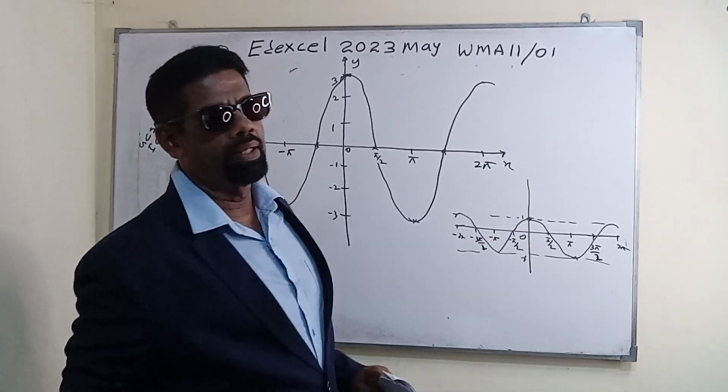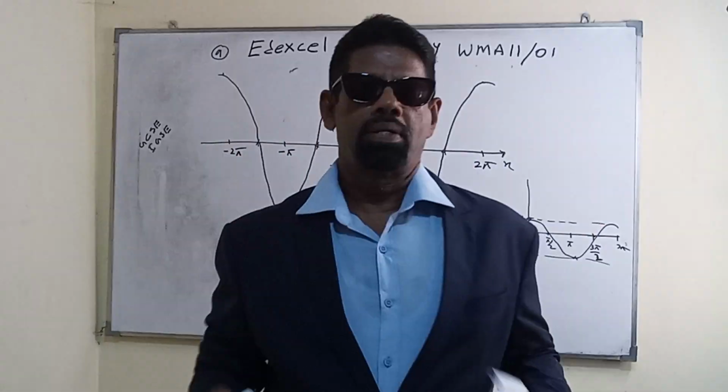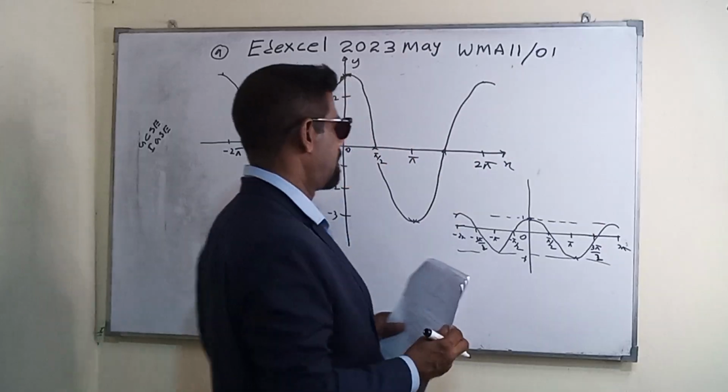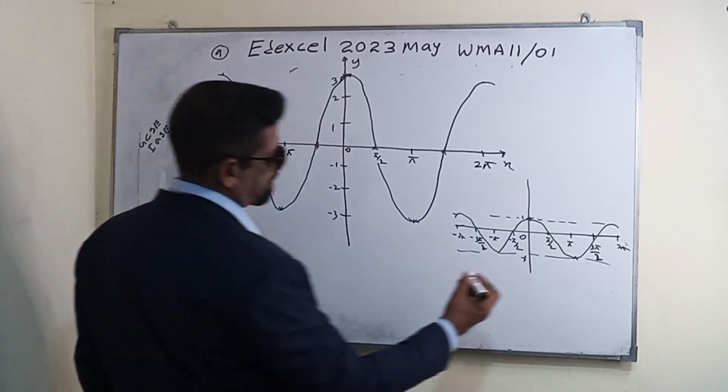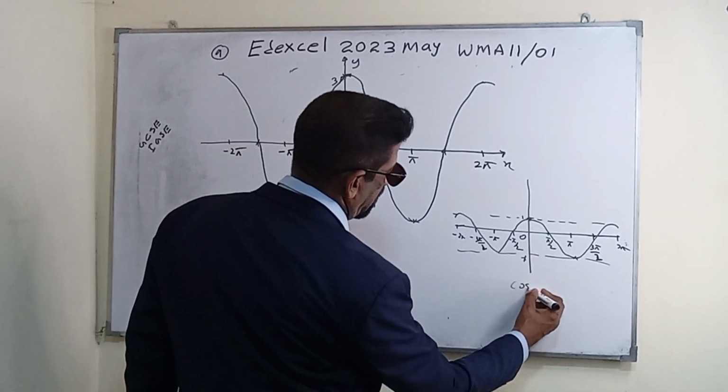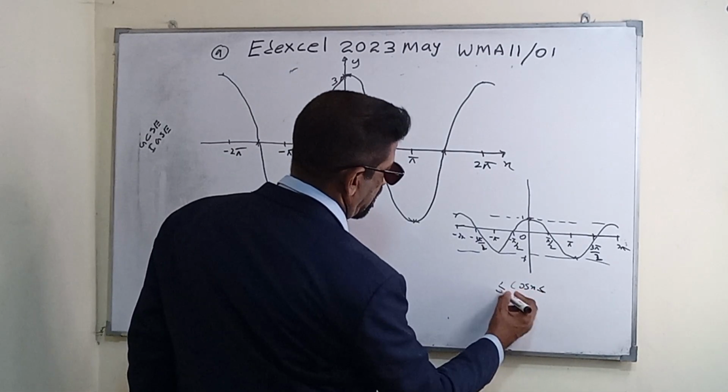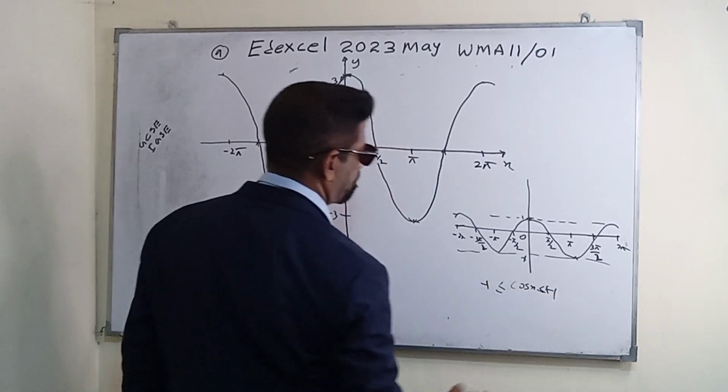Now first you identify the graph shape: it is the y equals cos x graph. We know cos x depends between minus 1 and plus 1.